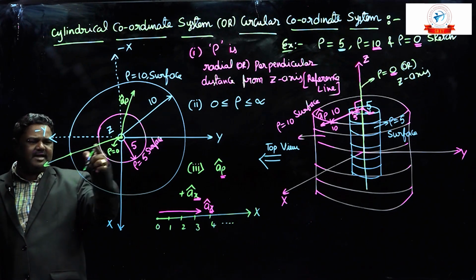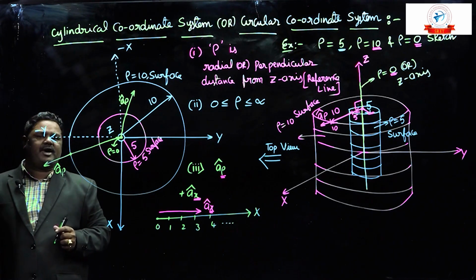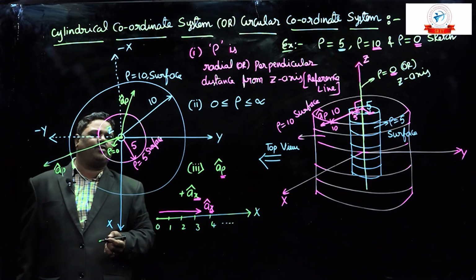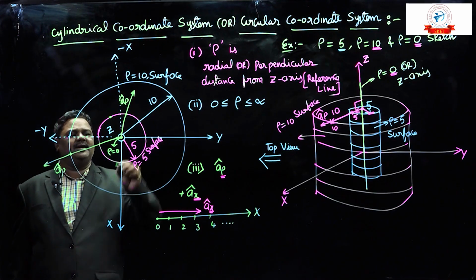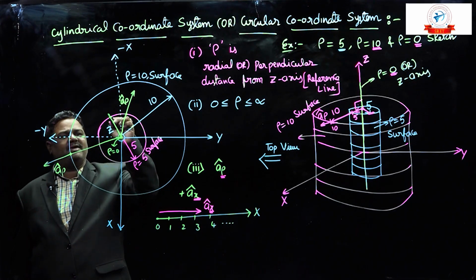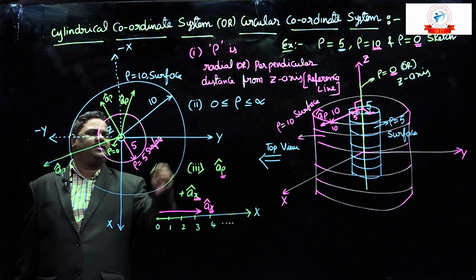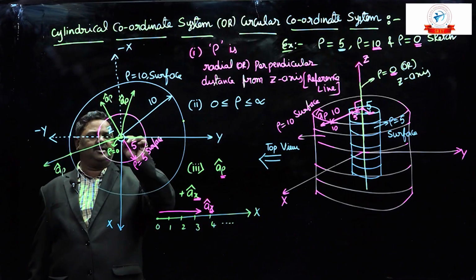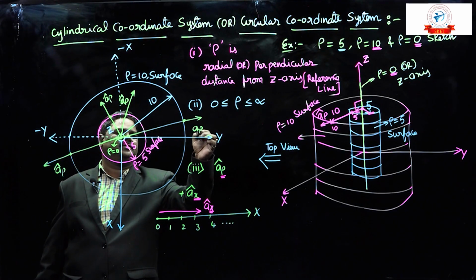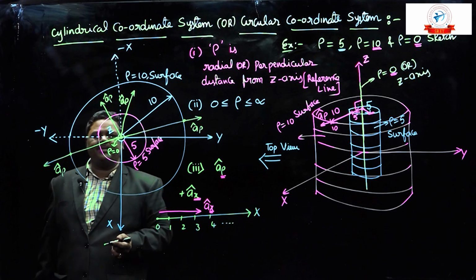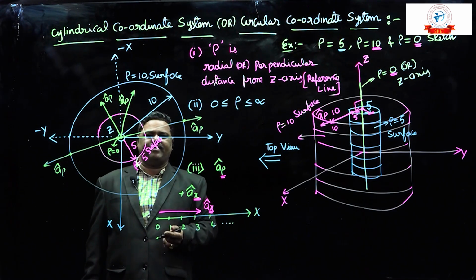This is the z-axis, radially away from the z-axis. This is the a-rho cap direction at this point. Like this, wherever you require the rho direction. For example, you need the rho direction here. Draw a line radially away from the z-axis. This is the a-rho cap direction. Like this, we can represent the a-rho cap direction.